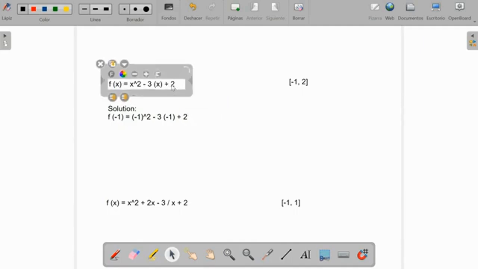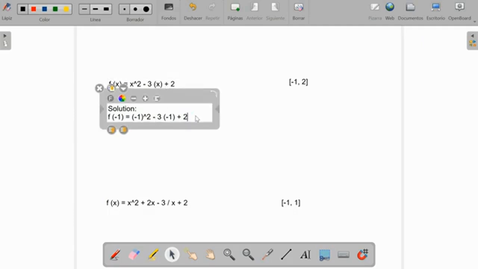Why a 2? Well, because it is on here. We're just changing the parameters, okay? f of minus 1 is equal to minus 1 elevated by 2.